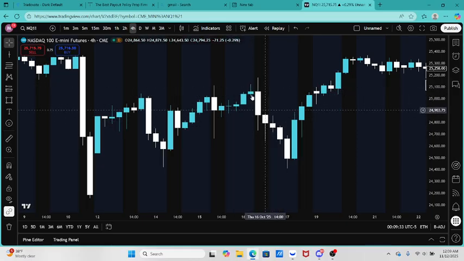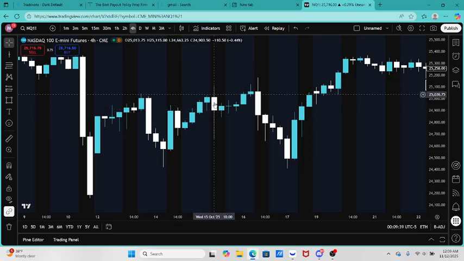The shoulders are always lower, but it kind of looks like a deformed shoulder. But just think of it as three candles, and the candle to the left and the right are lower. Like this candle is lower than that high, and this candle is lower than that high. That would make that a swing high.